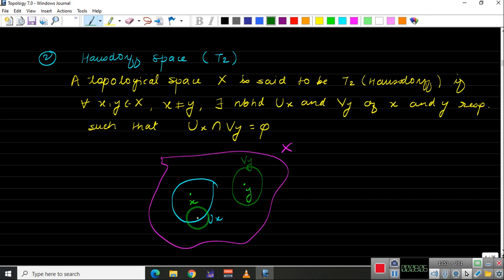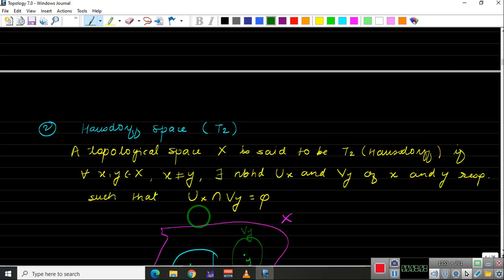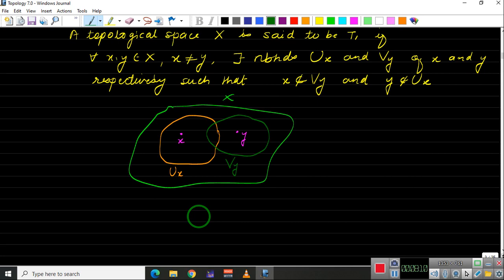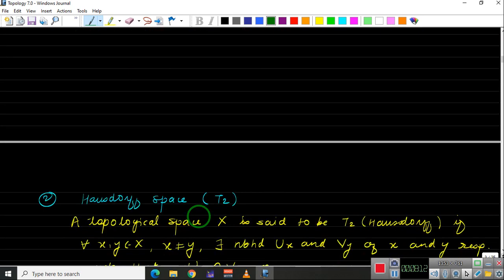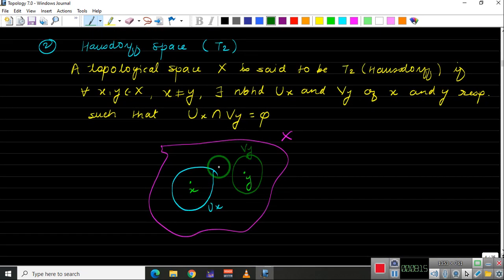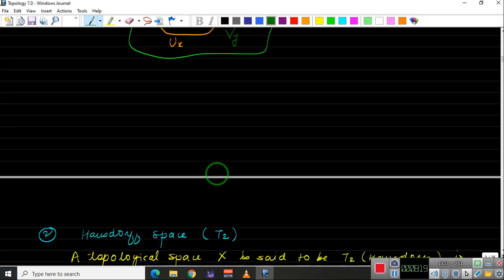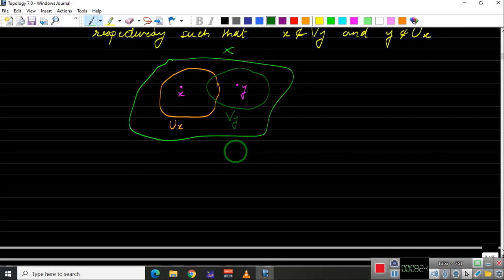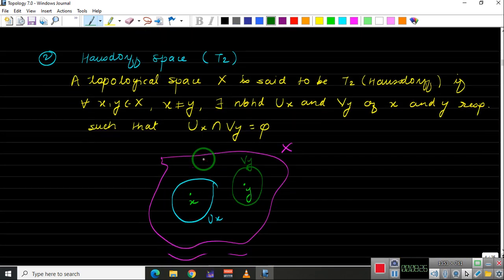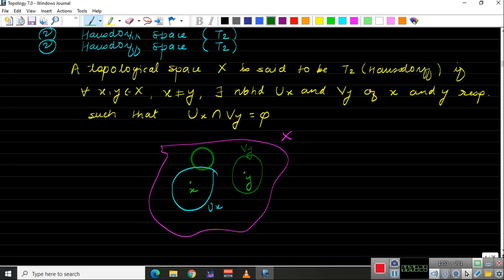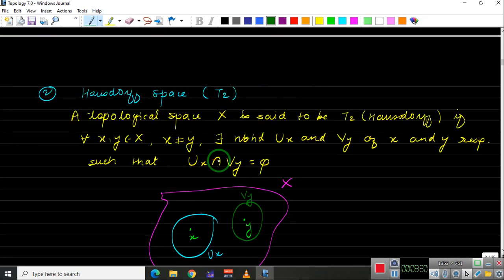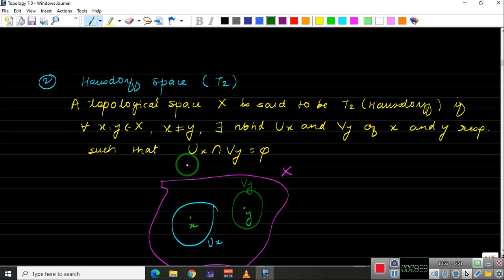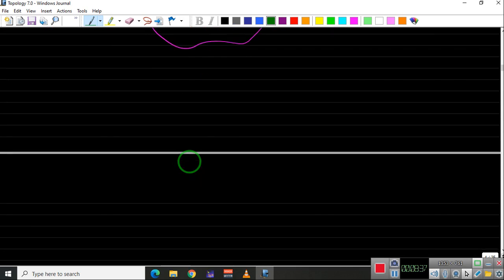Now if you see the definition of T1 and T2 spaces, you can get the relation between them. Here their intersection is empty, and for T1 space you need not have the intersection empty. So naturally you can easily prove that a T2 space, that is Hausdorff space, is always a T1 space. So T2 implies T1. So these two spaces we have already seen. Let's go ahead and define something called regular spaces.